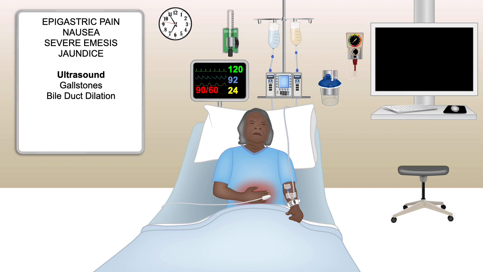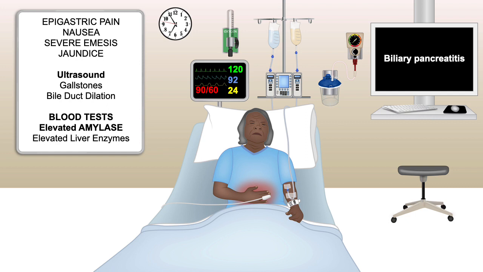And when you look at the blood tests, they show elevated serum pancreatic enzymes, amylase and lipase, and elevated liver enzymes. And in this condition, you'd suspect the diagnosis of biliary pancreatitis.